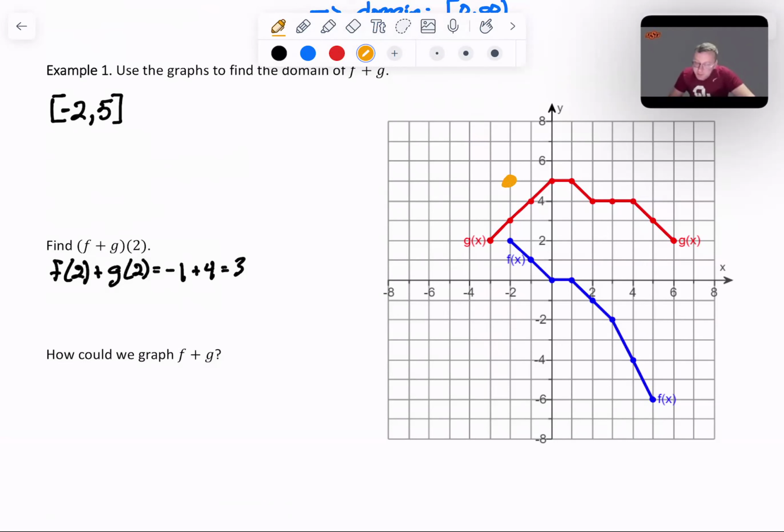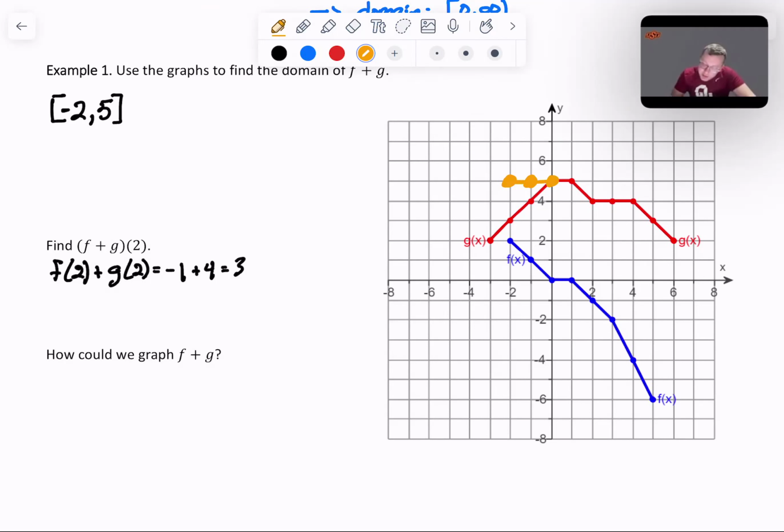Then the next point, when I plug in x is -1, I have 4 plus 1, or 5 again. So it's constant so far. Now here, I have 0 plus 5 again when x is 0. So far, it's just a constant at 5.